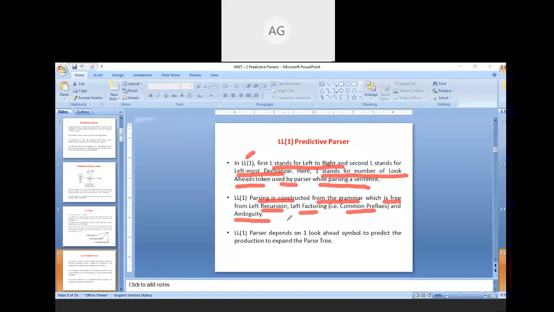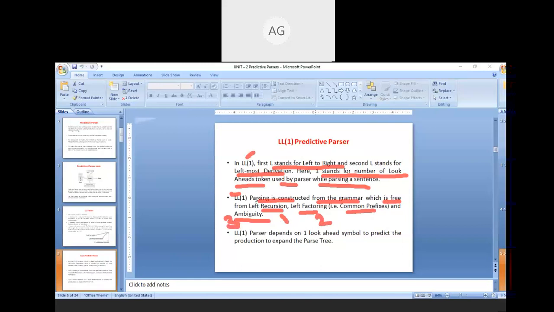So in order to generate the parse tree from LL(1) grammar, the grammar must first have no left recursion, meaning elimination of left recursion is essential. There will be no left factoring, and ambiguity will not be there.